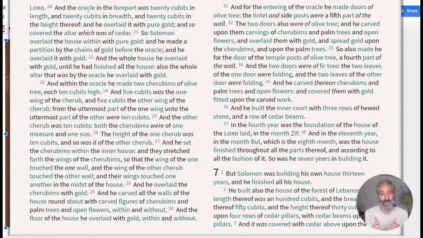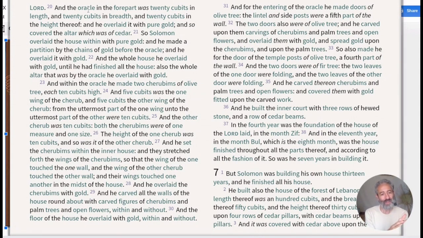And he set the cherub within the whole inner house, and they stretched forth their wings of the cherubim, so that the wing of one touched one wall, and the wing of the other cherub touched the other wall, and their wings touched one another. Okay, you see what's happening?